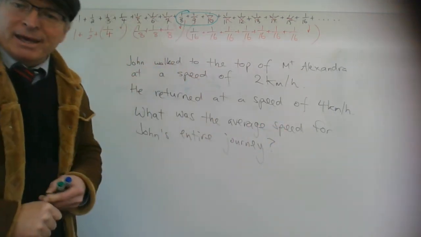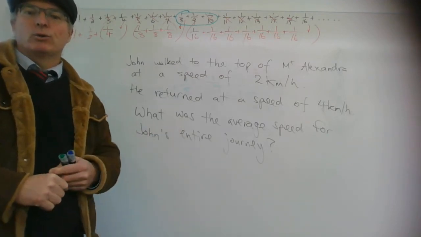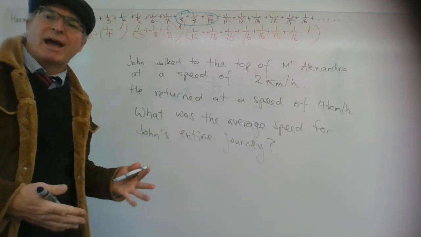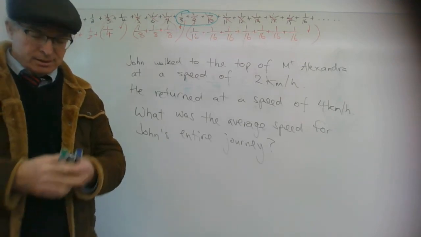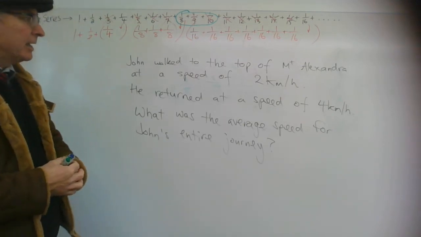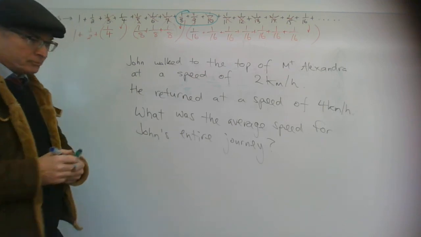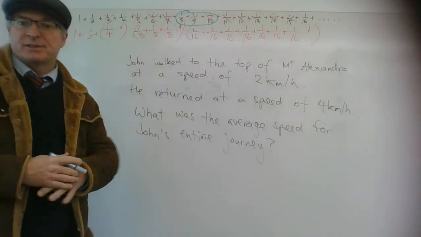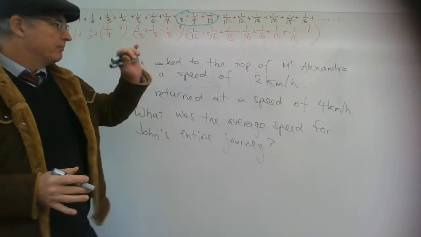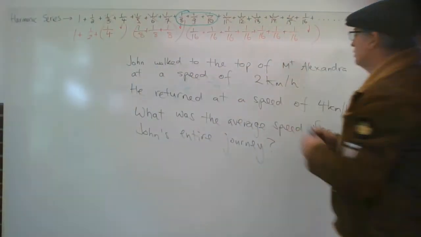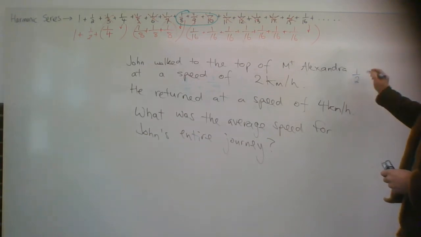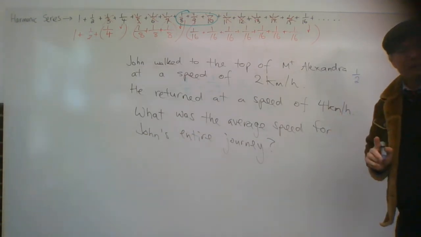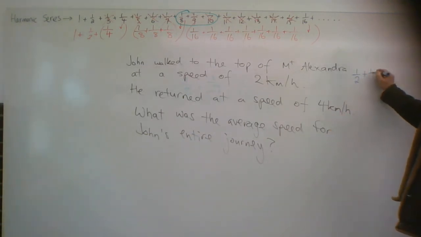Now, the harmonic mean is a totally good use for that. When we're working with rates, the harmonic mean is a good thing for averaging out rates. So I'm saying you should find the flip of the mean of the flips and you'll be done. 2, if I flip that, I get a half. 4, if I flip that, I get a quarter.